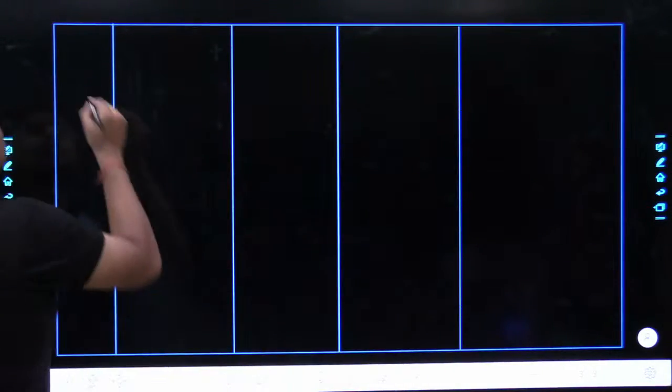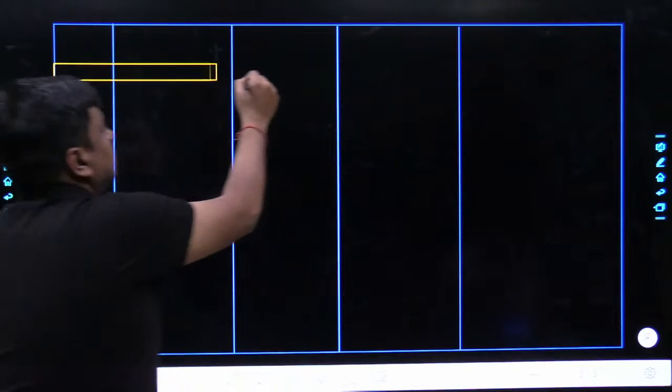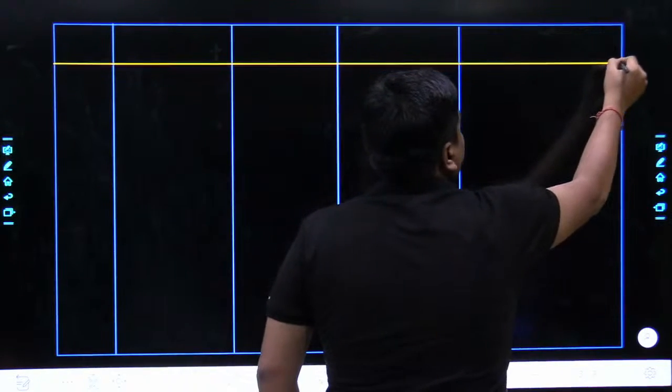Just a minute. Each one of us should mark this table properly in your copy.